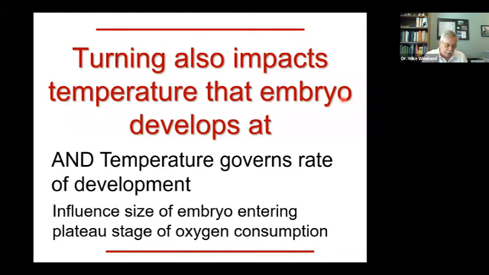And as far as I'm concerned, the size of the embryo when it enters that plateau stage of oxygen consumption is important. If you grow a large embryo early on, you're going to see an embryo going into what we call the plateau stage of oxygen consumption earlier, and it's going to be in a slightly hypoxic state for a longer period of time.